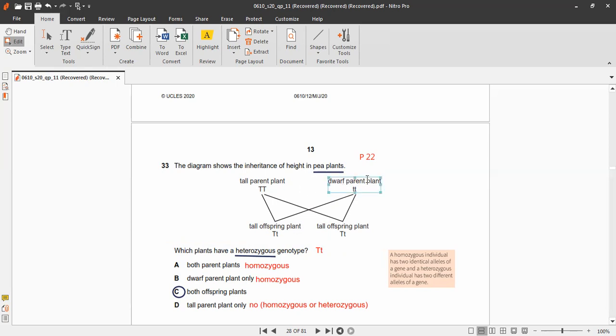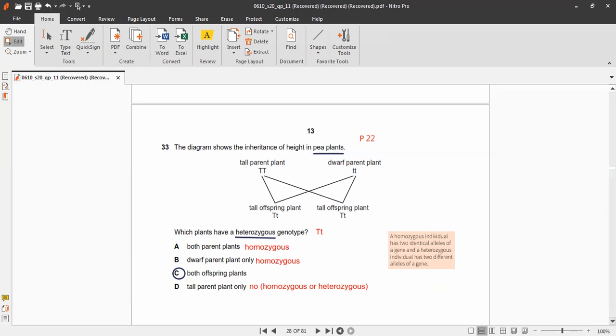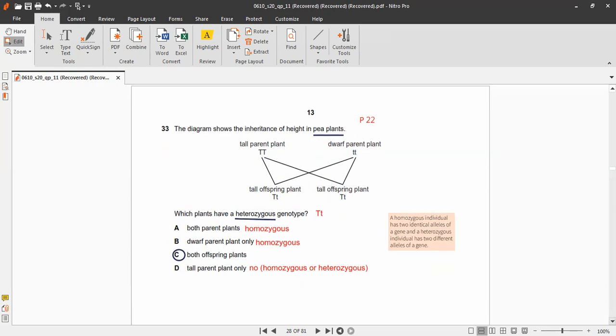The dwarf parent plant is also homozygous. A homozygous individual has 2 identical alleles of a gene. A heterozygous individual has 2 different alleles of a gene. So the correct answer is the offspring. Both offspring plants have capital T, small t: 2 different alleles of a gene.